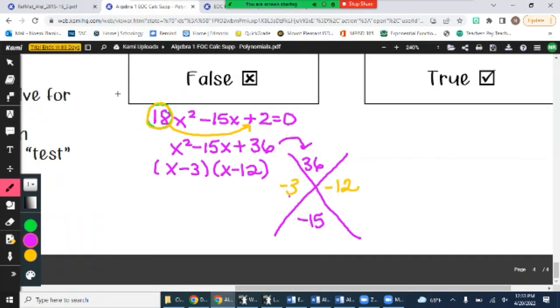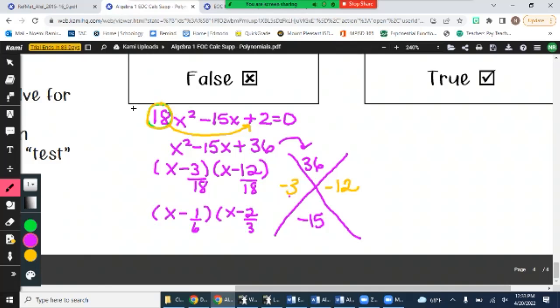But are we done? Not even with the factoring part, because don't forget, we kidnapped. So we have to divide. We have to part ways with the kid. And when we divide, these fractions actually simplify. And negative 3 over 18 simplifies or reduces to what? Negative 1 over 6. The 12 over 18 reduces to what?